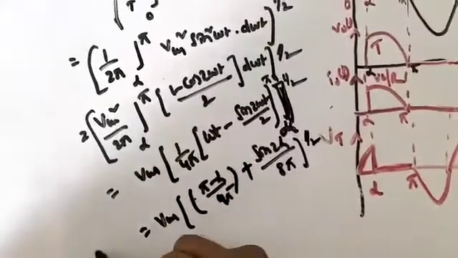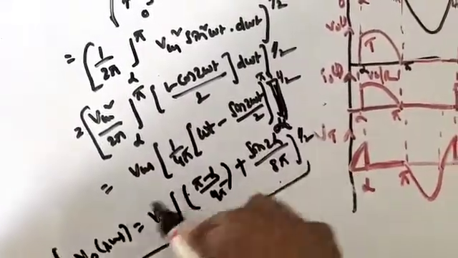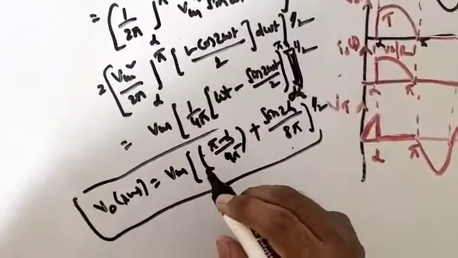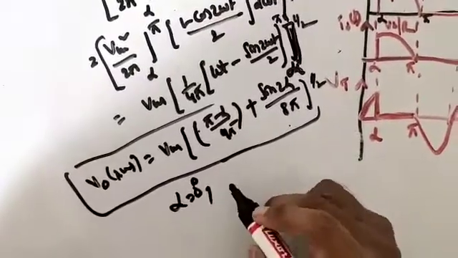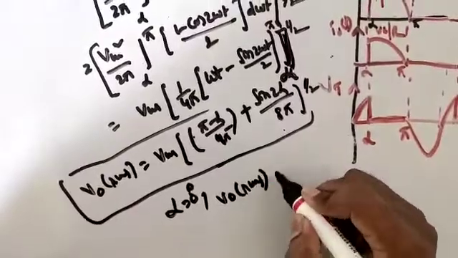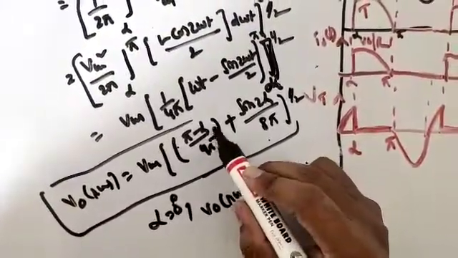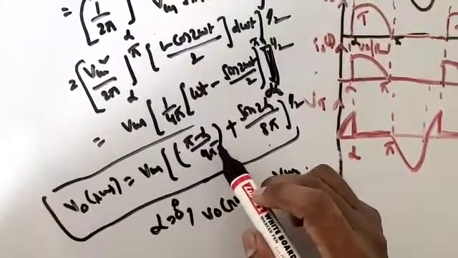So this is nothing but V naught RMS of a single phase half wave rectifier with R load. If I take alpha equal to 0 degrees, that is a diode circuit, V naught RMS equals how much?